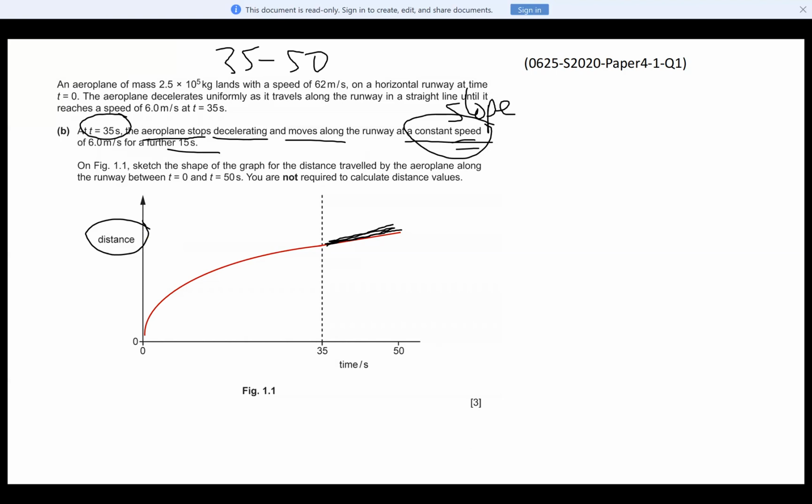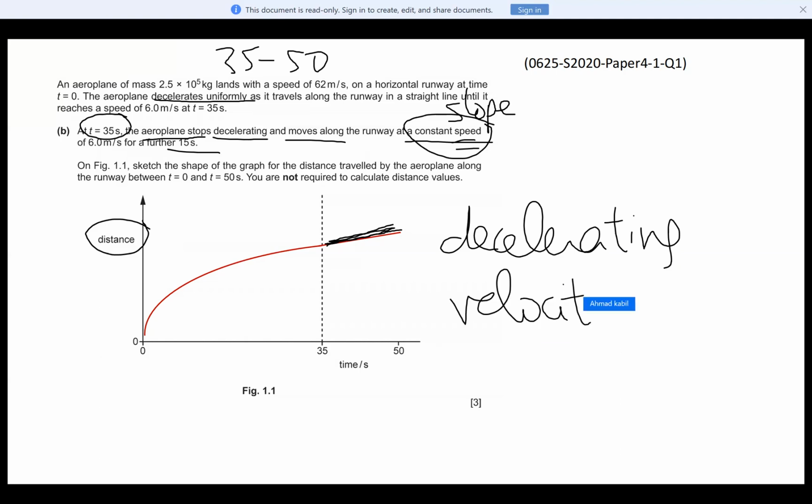But for the first section, it is decelerating uniformly. So what does that look like? If something is decelerating, that means that the velocity is decreasing. And since the velocity is decreasing, we say that the slope or the gradient of the graph is not constant and it's decreasing.